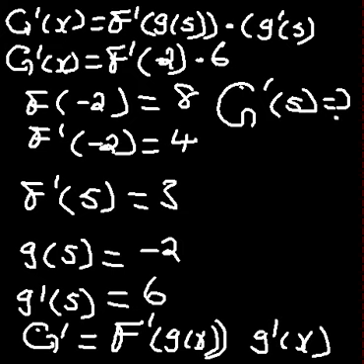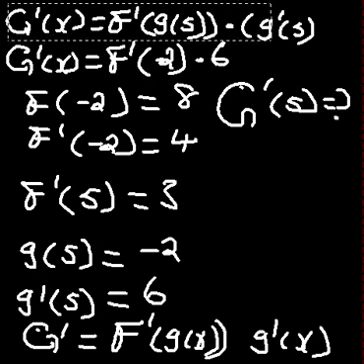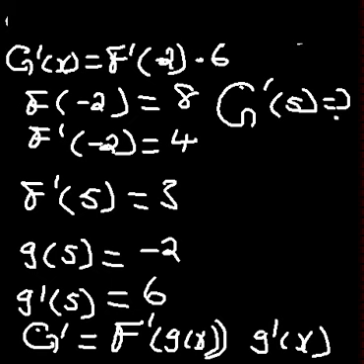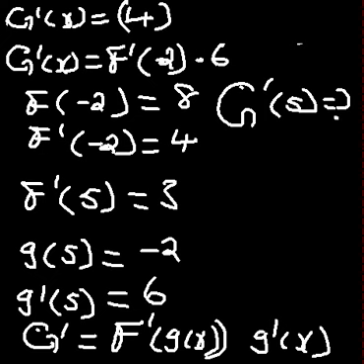Then we'll have to substitute these things now. What is f of 2 prime? We'll have it as f4, now f4 times 6, which will be given as 24.